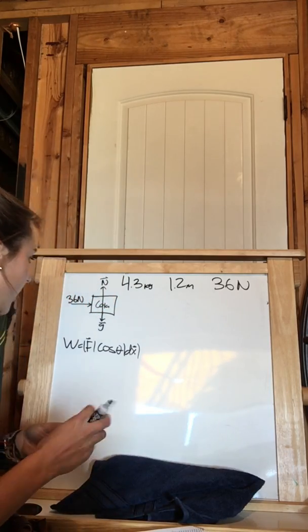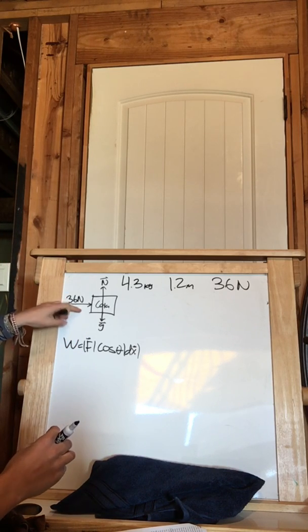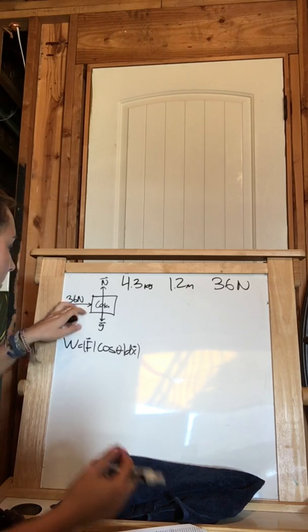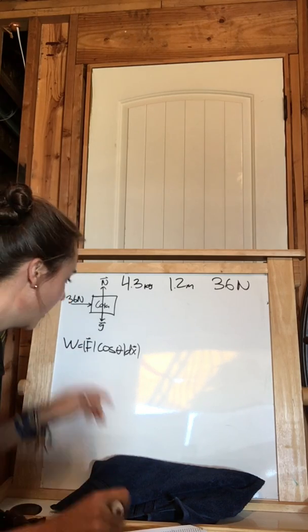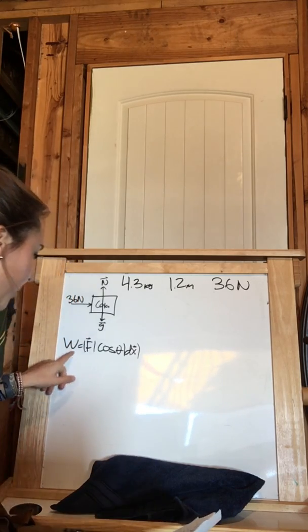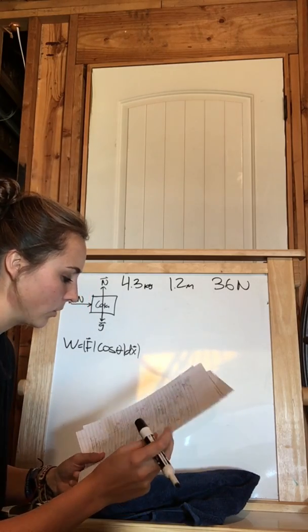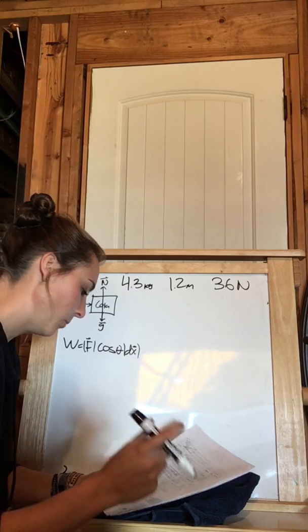So for A, this is kind of our setup here. We've got normal force and gravity, which don't really matter for this, and then the 36 newton force there. And then our equation to solve for work is this: work equals force times cosine theta times displacement.